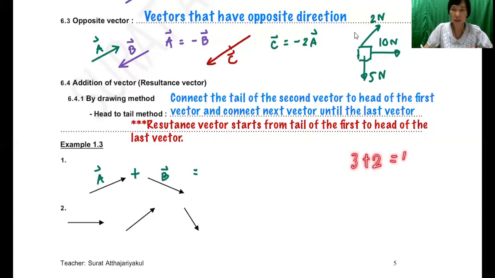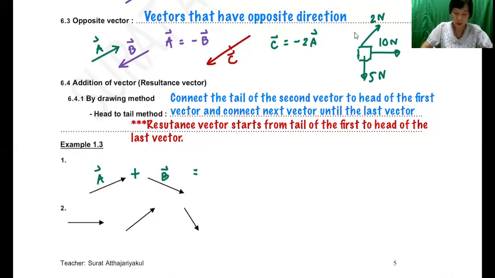They all have the same result. So here we can draw A and then follow with B, or we can draw B first and then follow with vector A. Okay, here I will draw vector A first.